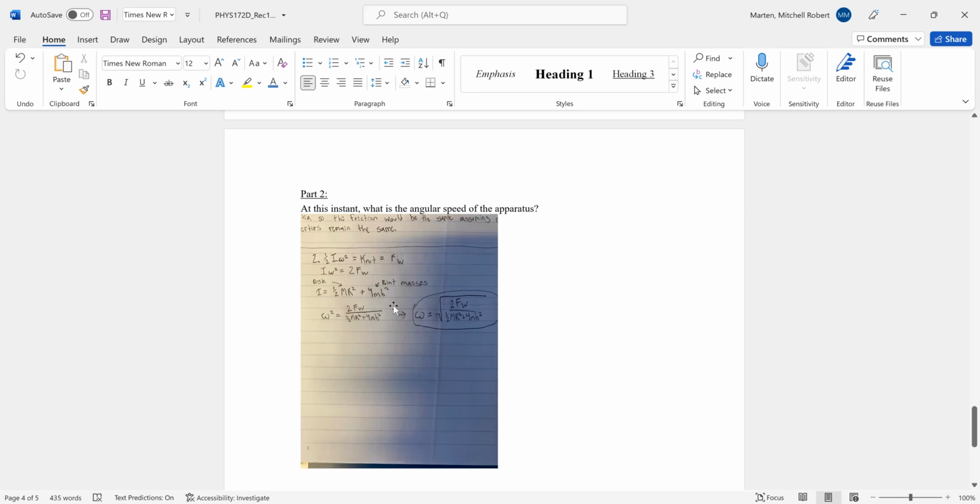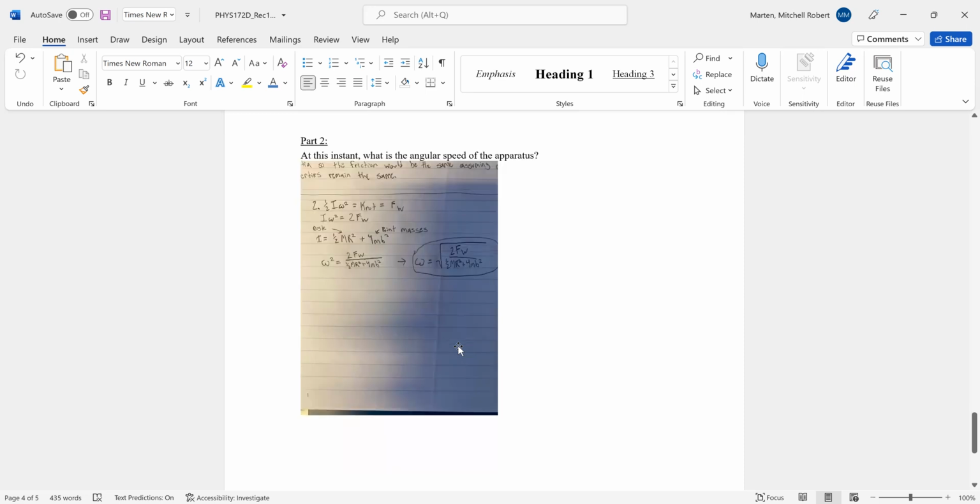So we know that the radius is B. So I just wrote it as mb squared, and then there's 4 masses, so it's 4 mb squared. And then you just sum the moments of inertia to find the total. And then I substituted that back in to find that the angular speed is equal to root 2 FW over 1/2 MR squared plus 4 mb squared. So that is what I got.